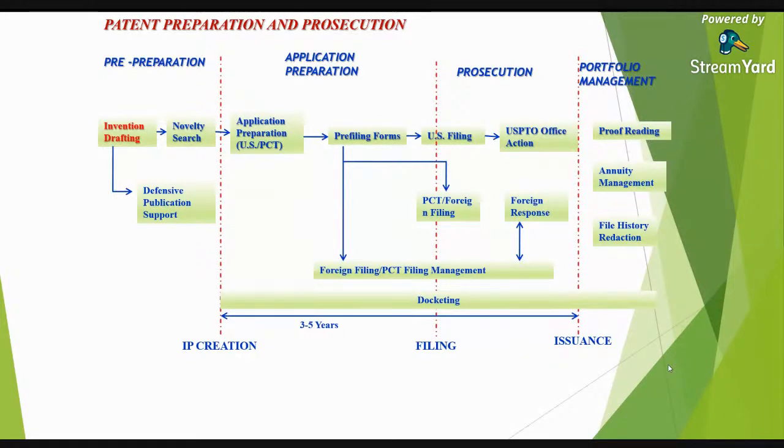Then fill the forms, then do the filing, then do PCT filing. Then you have the office actions, that is the examiner raises questions, and then you file the responses. And if your application is under examination in the US as well as in India, to both the countries you need to file whatever is required, to an Indian authority or Indian examiner.